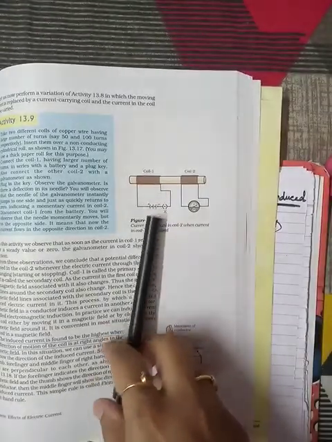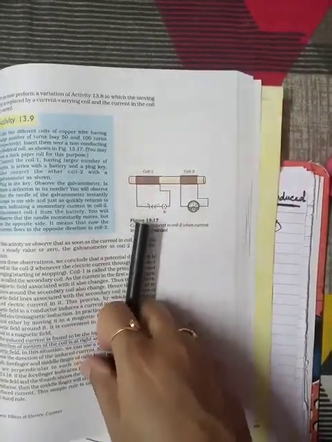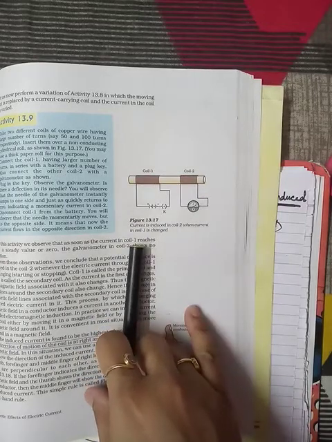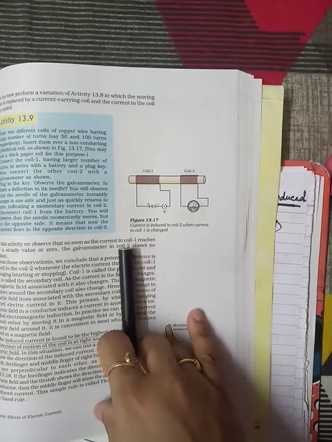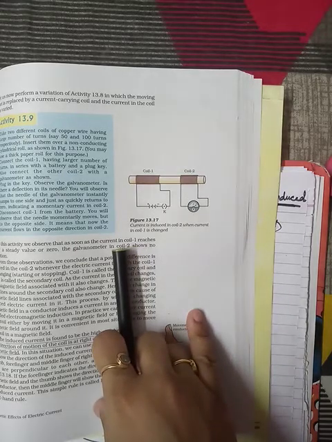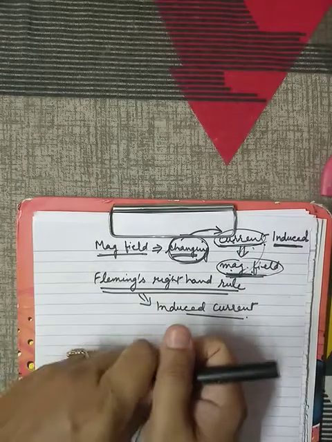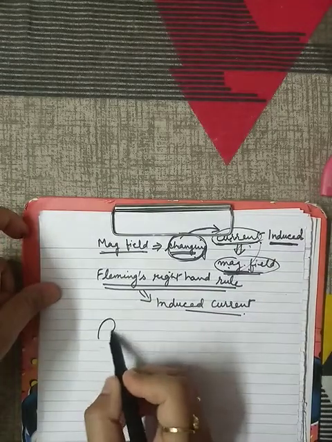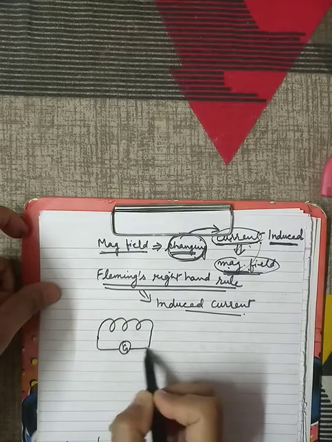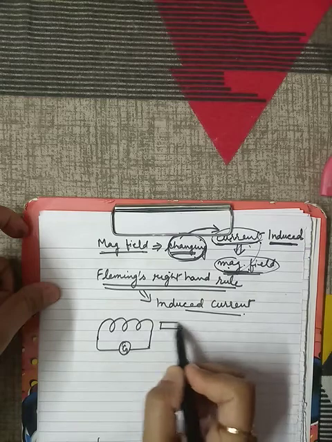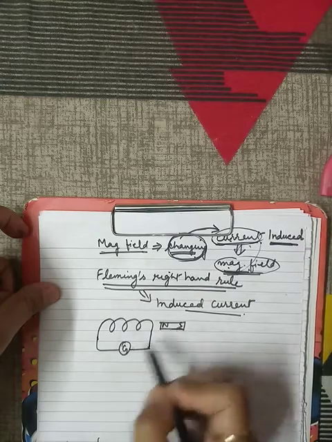So in this manner, Faraday discovered two methods of how we can induce a current in a coil, and in these two activities he has explained that concept. One concept for Faraday is having a coil, a galvanometer, and a north-south magnet.